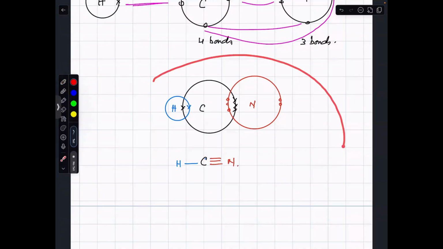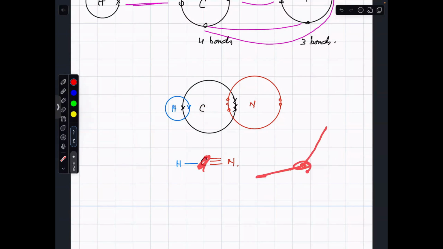Now, when we talk about the angle, the central atom is the vertex. Like every angle has a vertex and 2 arms. The central one is this one. This central atom has 1 shared, 2 shared, 3 shared. So it's 1 shared region. Triple bond is counted as 1 region.